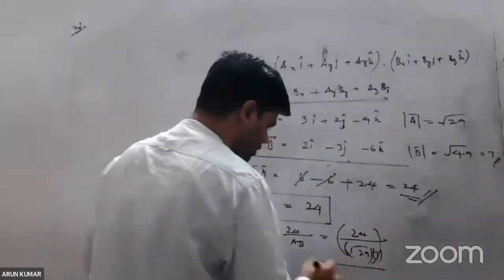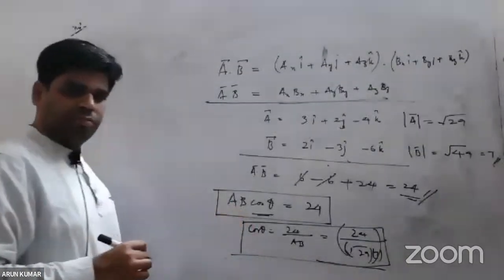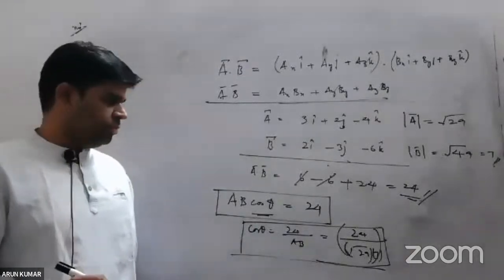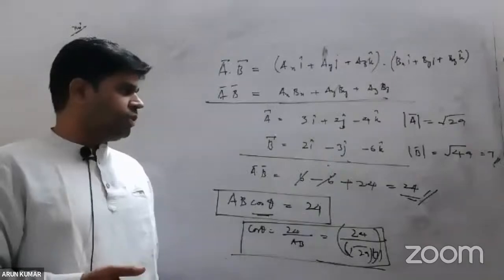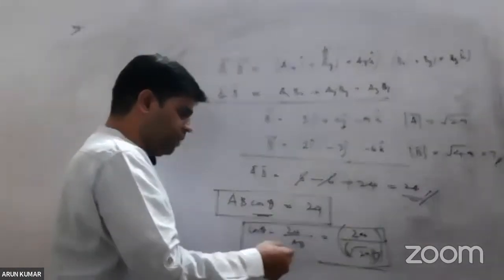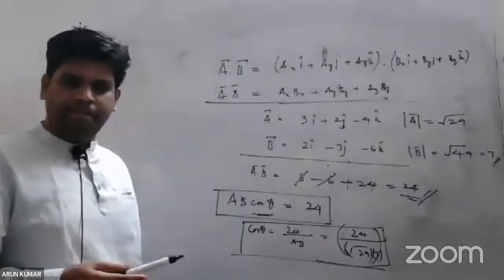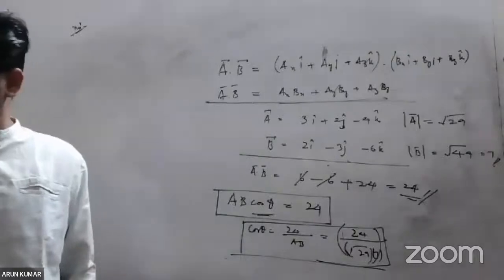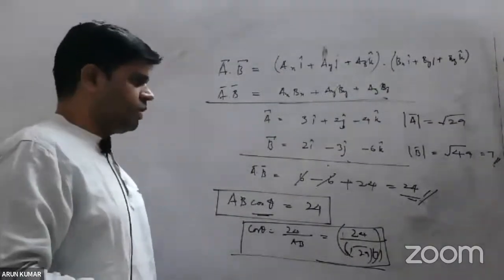Cos inverse of this one is my theta. So if I have to find theta, the angle between two vectors, what do I do? I take the dot product, divide that by mod A and mod B. What I get is cos theta. Cos inverse of that is theta.